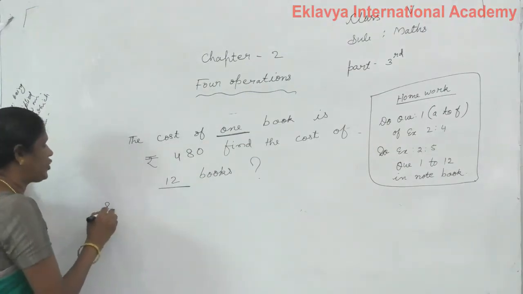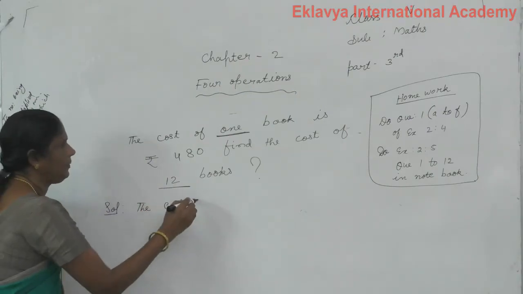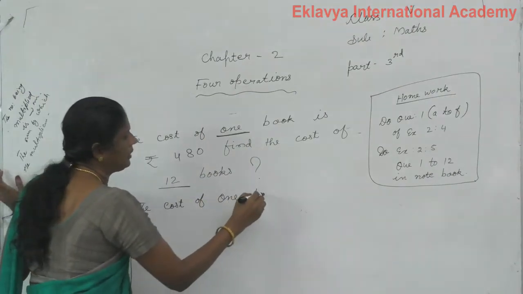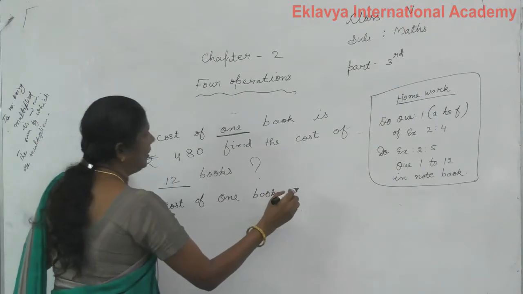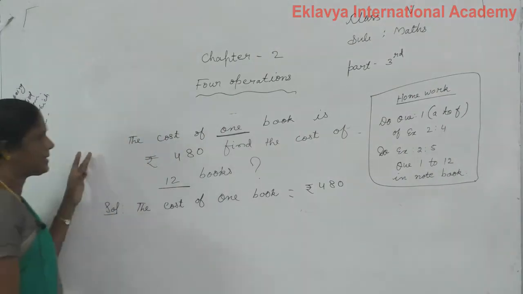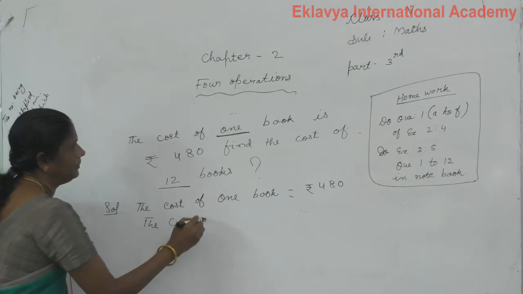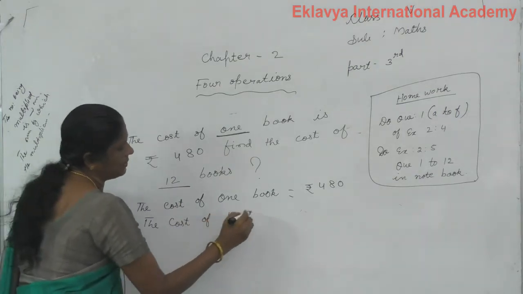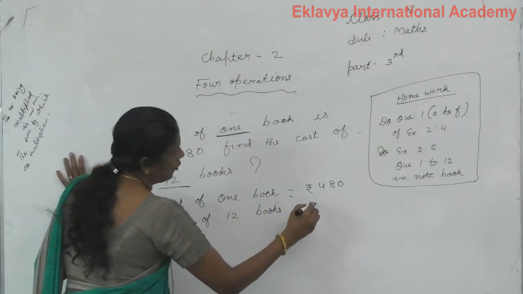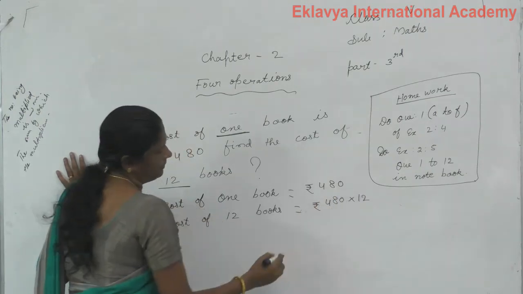First we write the solution. The cost of one book is equal to how much? Rupees 480. Second line, the cost of 12 books is equal to rupees 480 multiply 12.